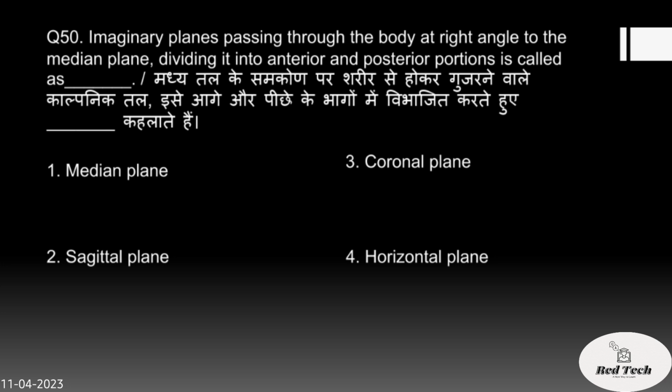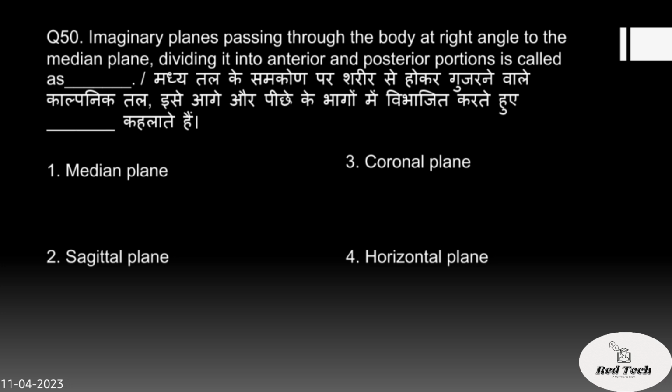Right angle means perpendicular to the median plane, or you can say midsagittal plane. The examiner says the imaginary plane divides the body into two parts, anterior and posterior portions. So options are median plane, second is sagittal plane, option third is coronal plane, and option 4 is horizontal plane.